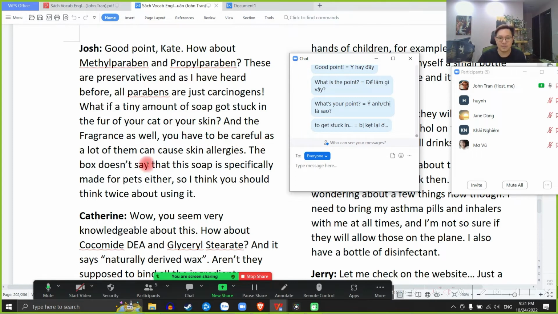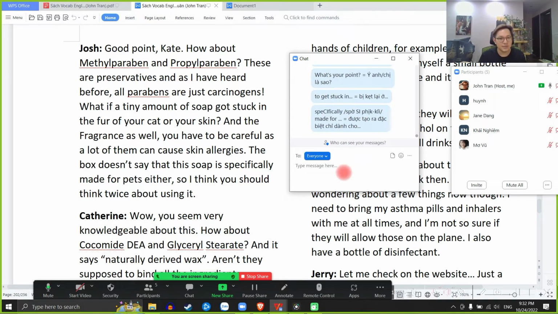You have to be careful, as a lot of them can cause skin allergies. The box doesn't say that this soap is specifically made for something, specifically made for pets either.